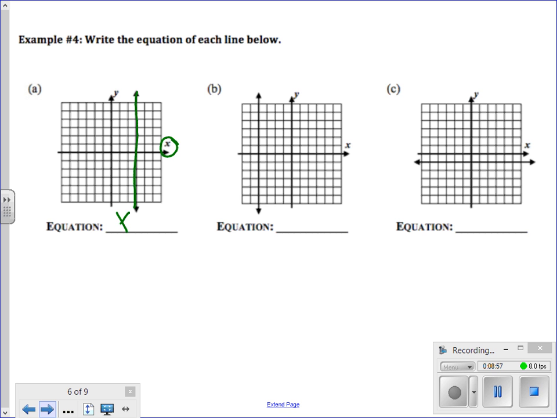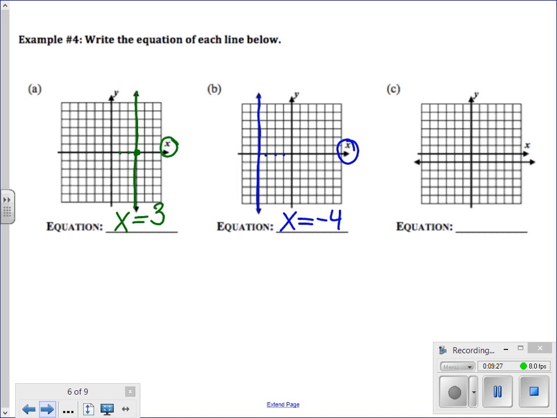Because that's the axis it cuts through, it's x equals, and the x it cuts through is at 3. The second line also appears to be vertical. So again, because it's cutting through the x-axis, it's x equals, and it looks like it's going through -4.